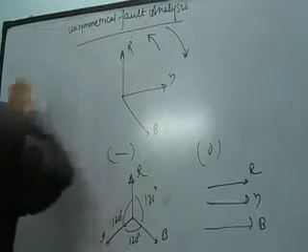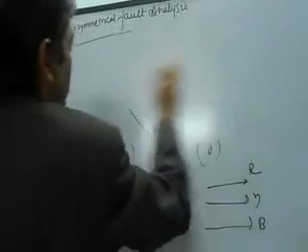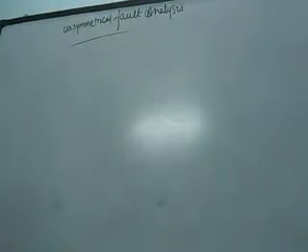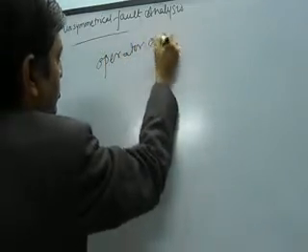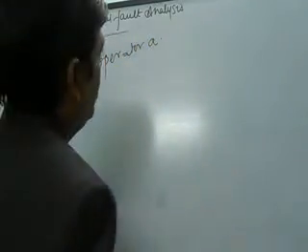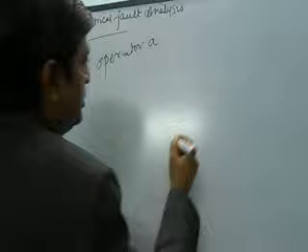Now if we want to find out the fault current between three phases R, Y, B. Now what is operator A? Operator A means 120 degree rotation.